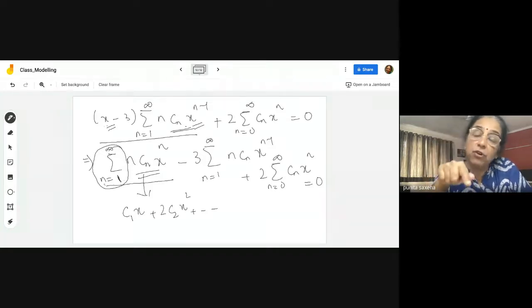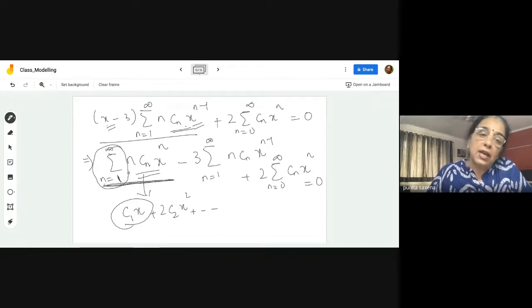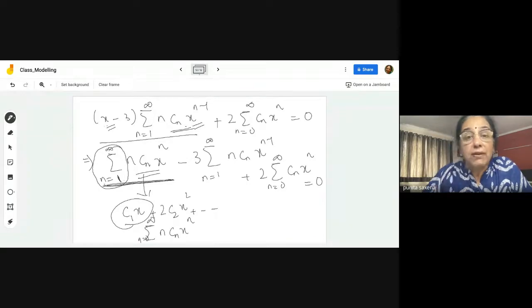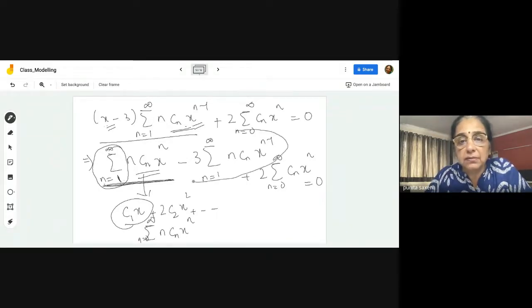When you were starting from n equal to 0, you were getting a term c naught, which did not exist. In this case, even if I start from n equal to 0, the first term I get is the first non-zero term. The other term is 0. So if I look at this term, whether I change the index or not, I can directly rewrite this summation as summation n cn x to the n, n from 0 to infinity, because my series is not changing. Whereas it will not happen in this term. You can see for yourself.